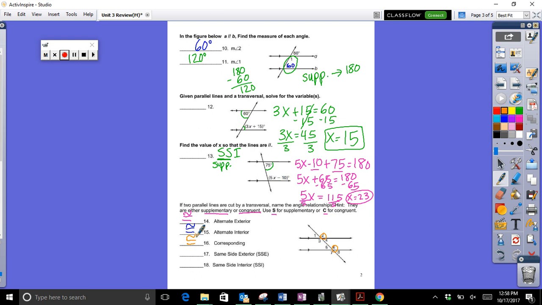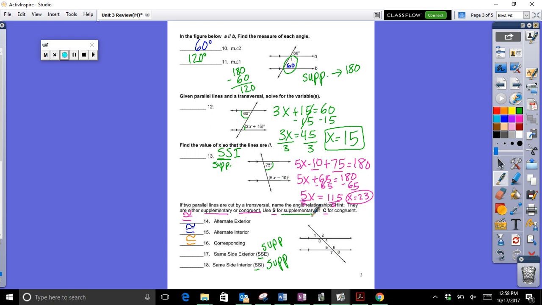Okay? Same side exterior. Now that should give us a big hint, because with SS, we think of supplementary. And then this one, SS, supplementary. So that means they add up to be 180, so they would be supplementary.